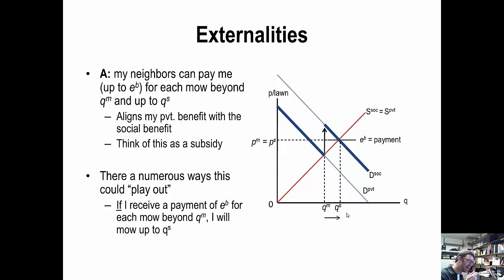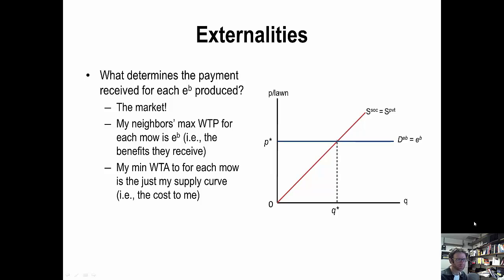So now when I decide to mow my yard beyond QM, what determines the price that my neighbors are actually going to be willing to pay me every time that I mow? Well, you can think of the market for an externality as having both a supply curve and a demand curve. The demand curve, which is the maximum price that my neighbors are willing to pay me to mow my yard, is just the external benefit they actually receive.